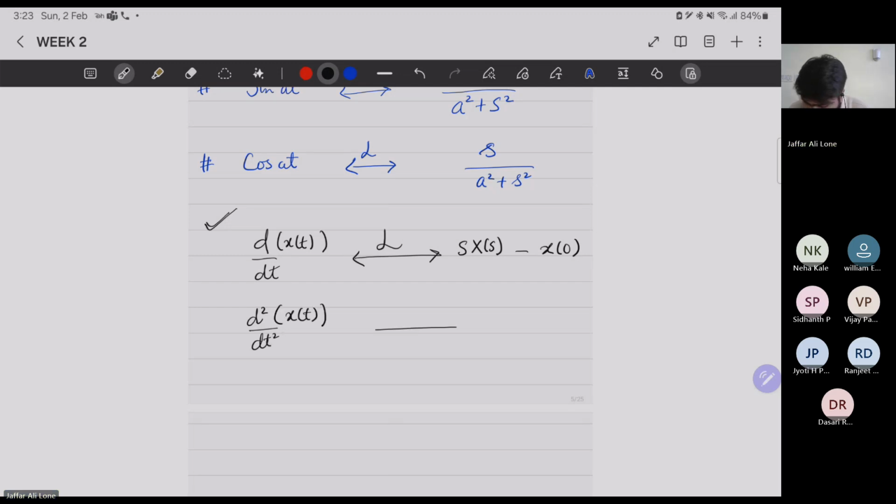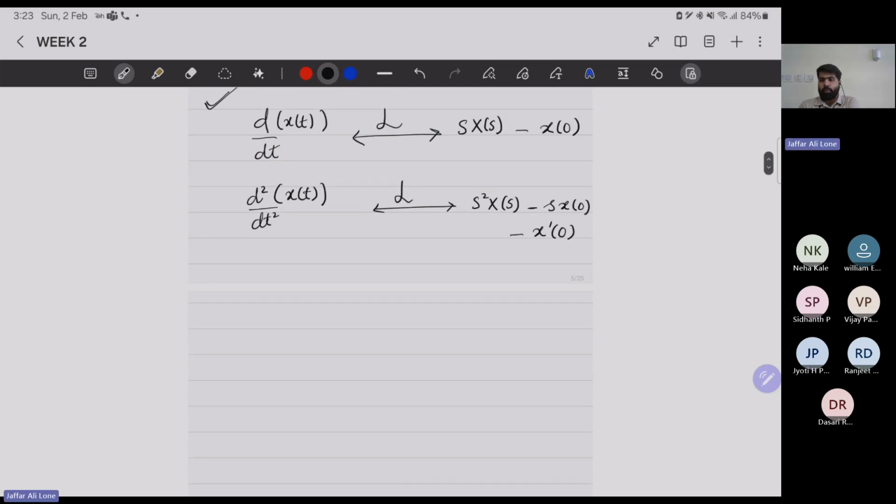Similarly, if you have d2 by dt2 of x(t), the Laplace transform of this is s square X(s) minus s into x(0) minus x dash of 0.